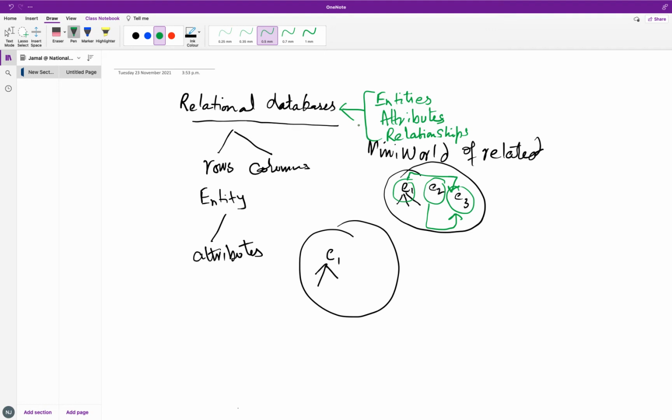And obviously, in each table we have different instances. Student is one entity, but obviously NUIG would have 30,000 students. So for example, Martin is one student. Martin is an instance of this student entity, right?